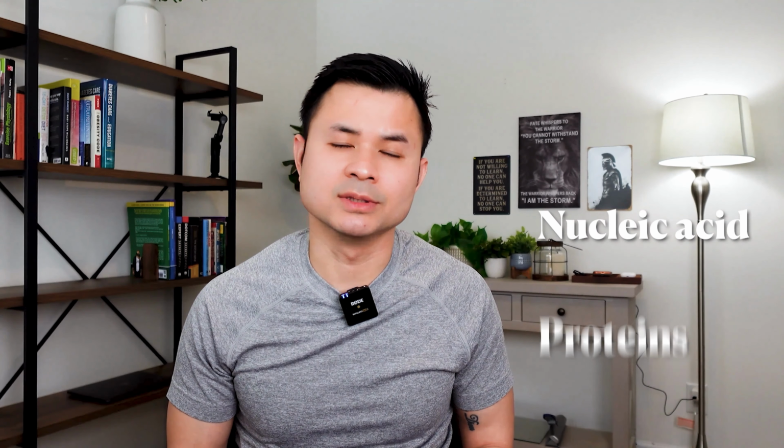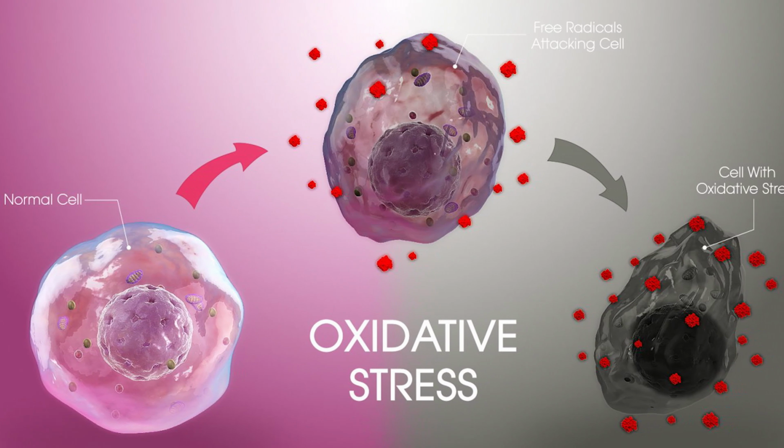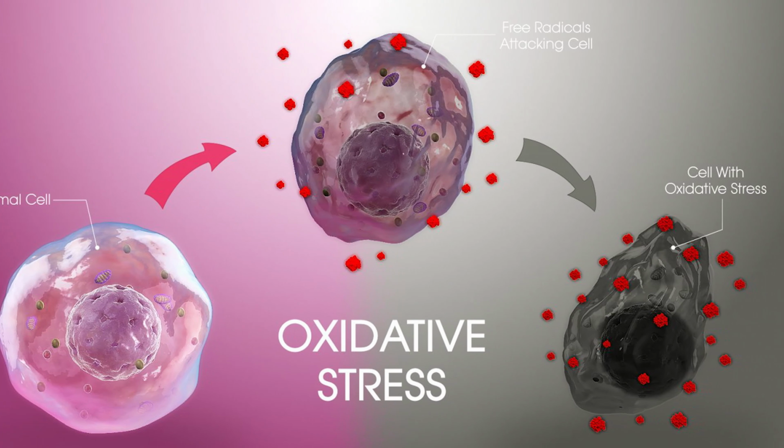Glycation just means that it tends to bind to pretty much everything in our body: nucleic acids, proteins, fats. By binding to these, it really impairs them from working correctly. Oxidative stress creates very reactive compounds that can also create more damage to the endothelium. Inflammation affects the blood vessels in a lot of different ways. It can decrease insulin sensitivity, and it can also cause more damage to the endothelium.